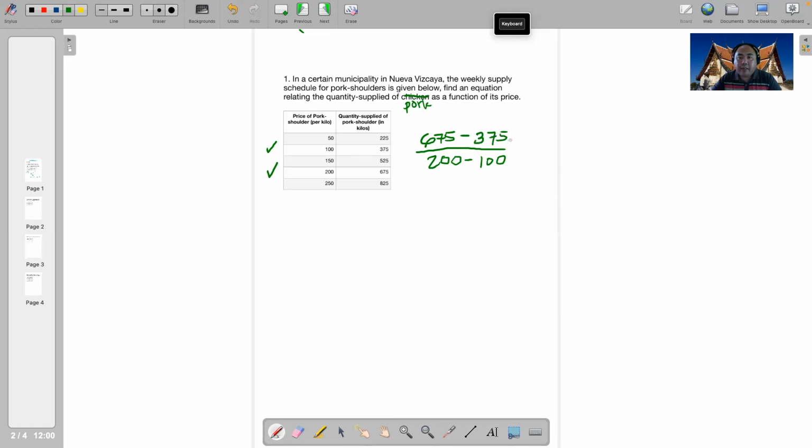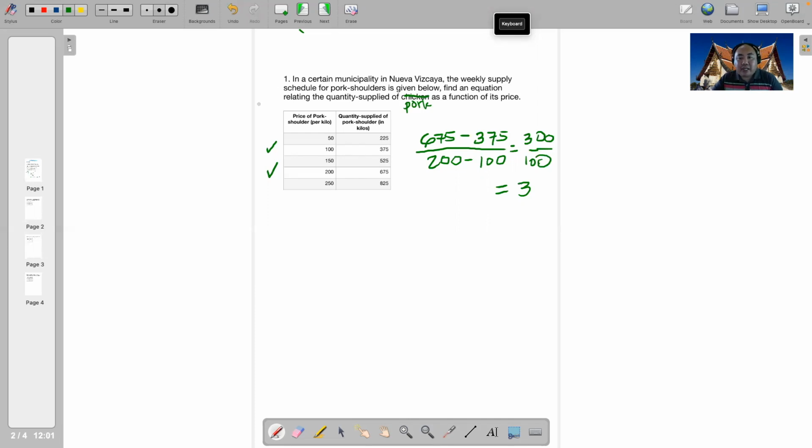So this is 300 over 100, which is 3. So what does a positive slope mean? Why is it 3 this time? Well, because we are dealing with supply and we are expecting the slope indeed to be positive because there is a direct relationship between price and quantity supplied. When price increases, quantity supplied increases. When price decreases, quantity supplied decreases.